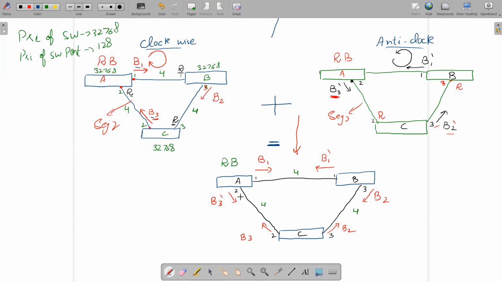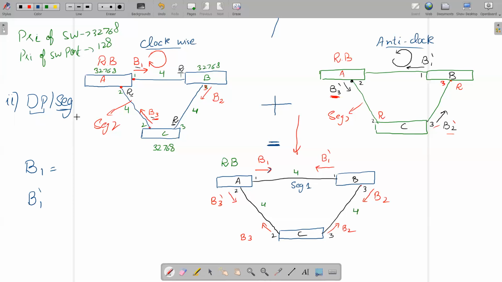First of all, I need to write these two BPDUs, B1 and B1 dash. What we are actually doing is following step number 2, and step number 2 was to select the designated port per segment. We need to figure out the designated port in each segment, and we are taking this segment which we called segment 1.